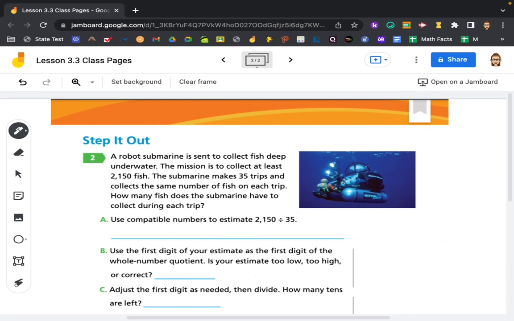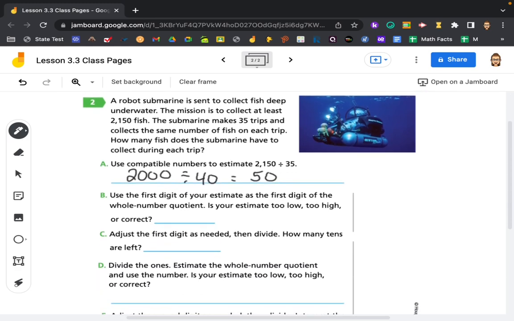So I'm going to use 2,000 divided by 40. And 4 goes into 20 5 times, so 40 goes into 200 5 times, which means 40 goes into 2,000 50 times.